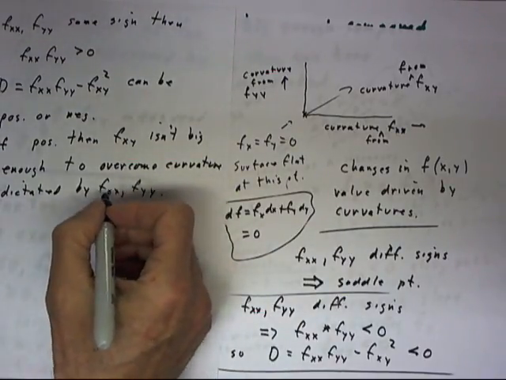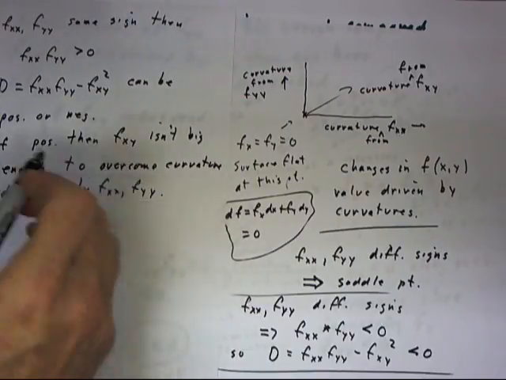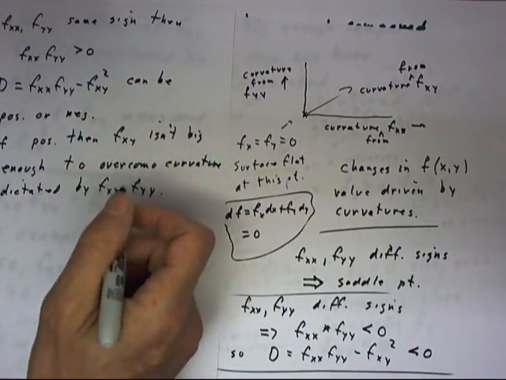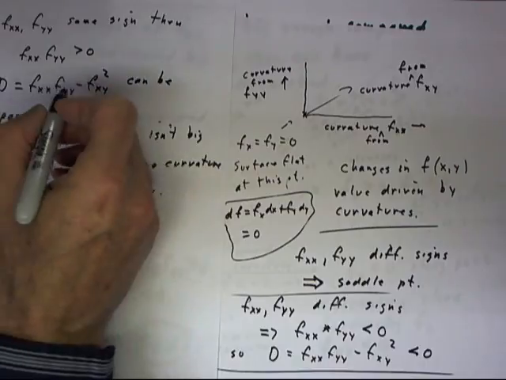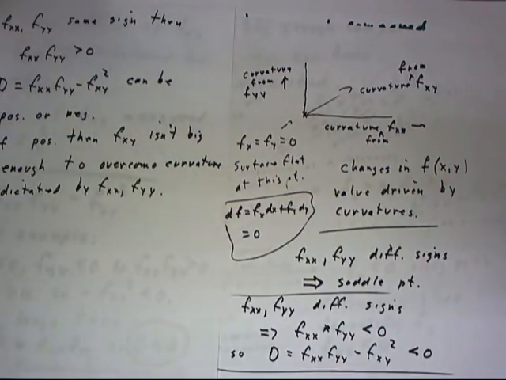In other words, the curvature in the x and y directions is, in combination, when you multiply the two together, big enough to overcome the opposite effect of the fxy.